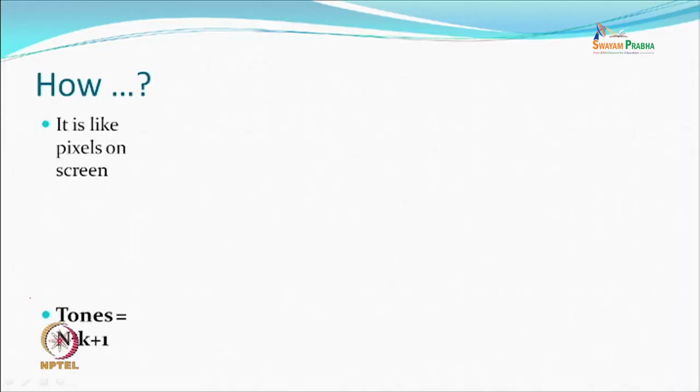Here this says the number of tones with a single color can be calculated if n is the matrix, like you have a 2 by 2 matrix, a 4 by 4 matrix, an 8 by 8 matrix, a 16 by 16 matrix. So the area can be divided into matrices. So that is your n, and k is the shade or color, either 1 or 2 or 3 or 4, and then plus 1.